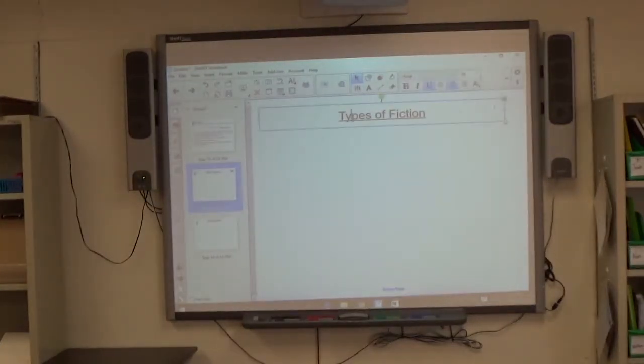The first type of fictional story that we are going to make note of is what we call novels. And in a novel, they are considered long works of fiction.